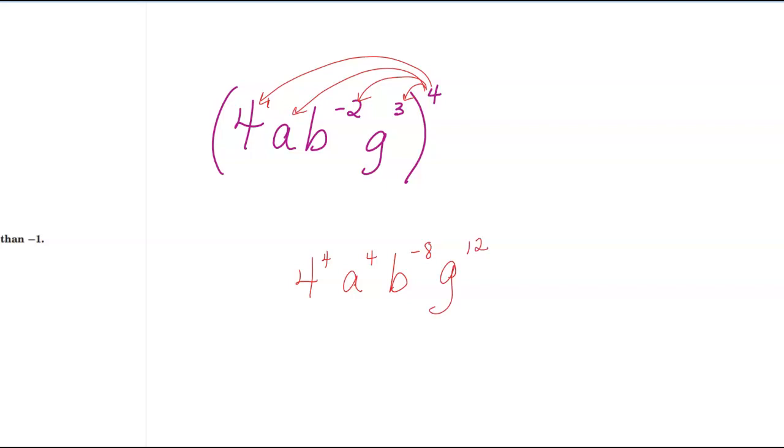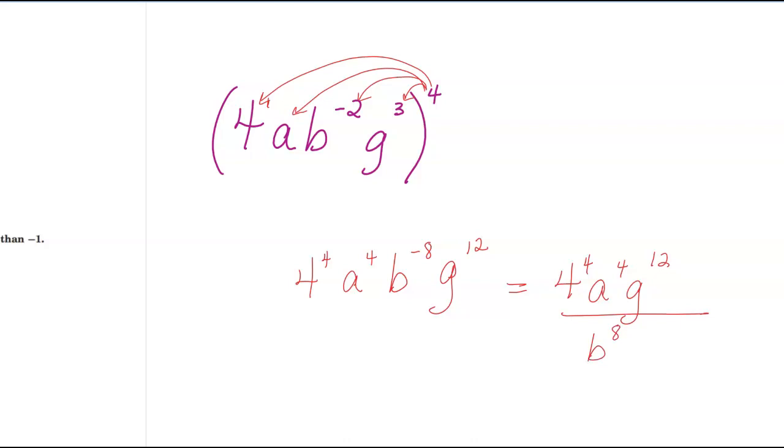If your assignment said to express all your values as positive exponents, you're going to have to change this a bit. 4 to the 4th, a to the 4th, g to the 12th, over b to the 8th.